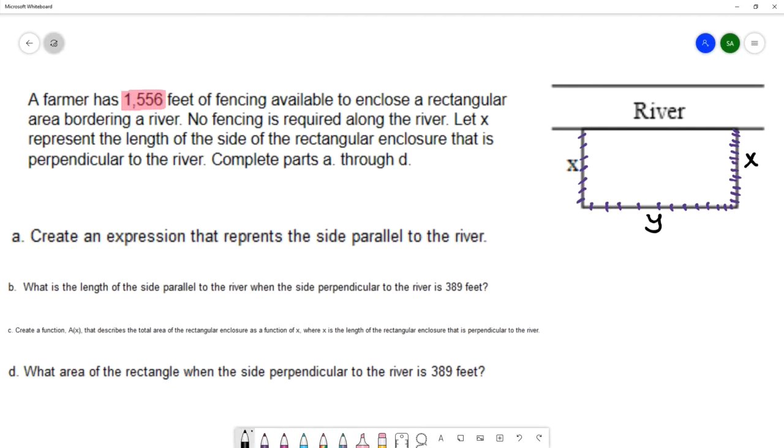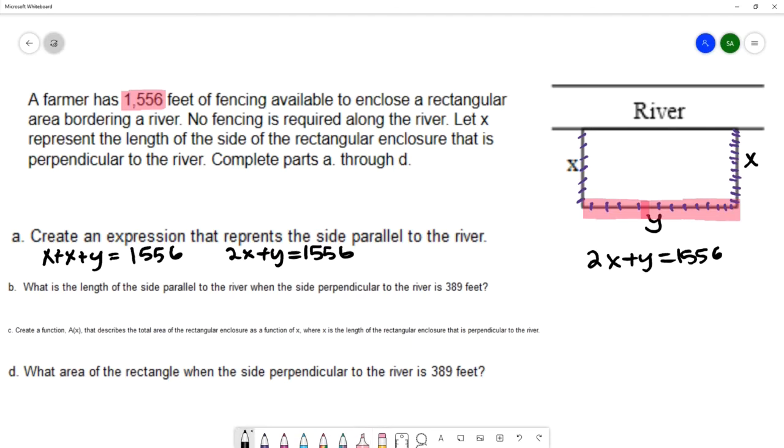So we know that if we do X plus X plus Y, the sum of those three sides, it'll equal the amount of fencing that we have. So that works out to be 2x plus y equals 1,556. I think I'm going to move over here to the side where I have some space. And my goal is to find an expression for this side.